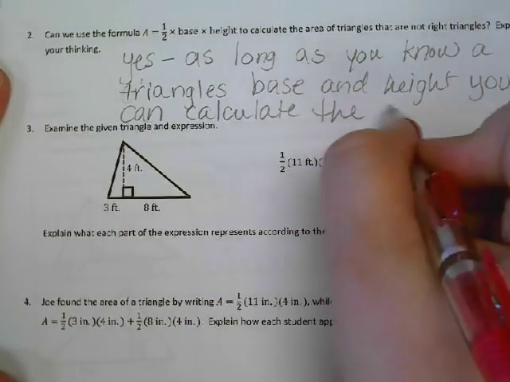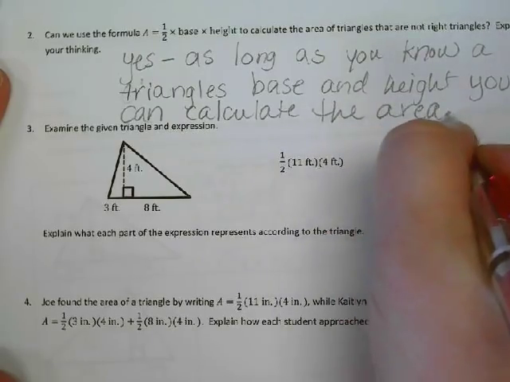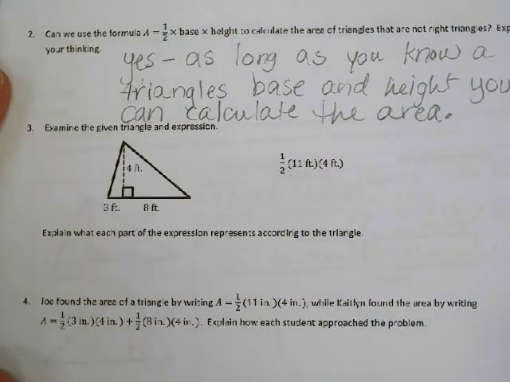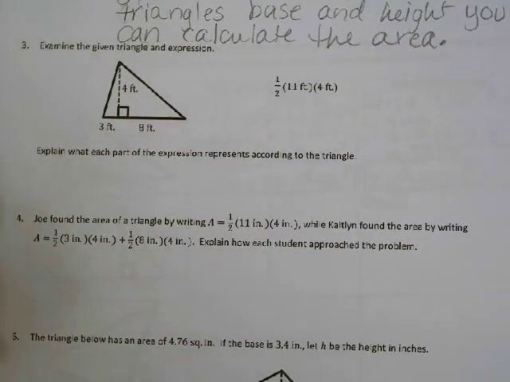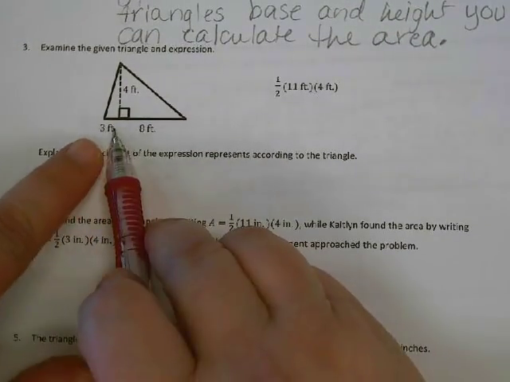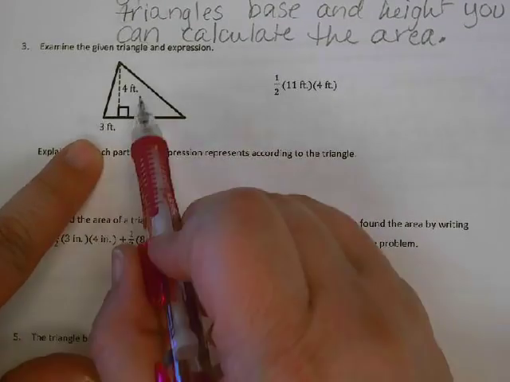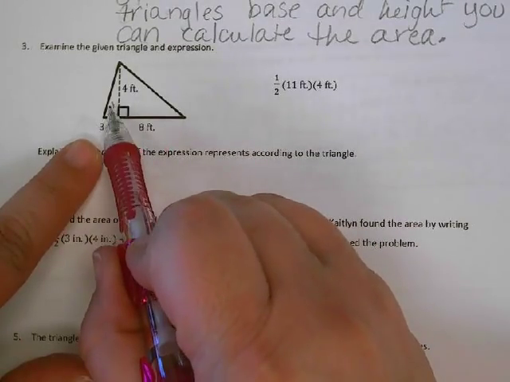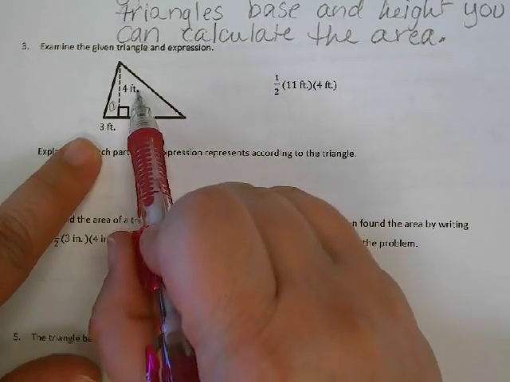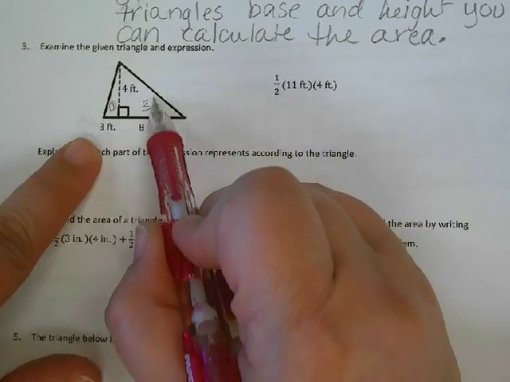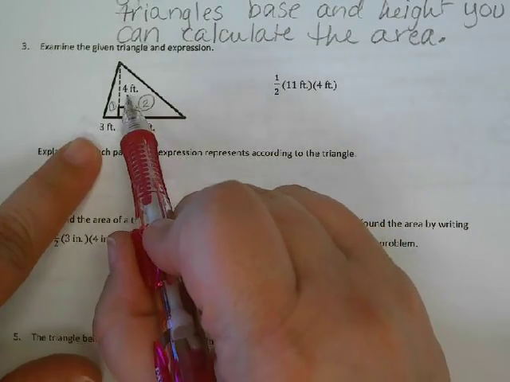For question number 3, it says examine the given triangle and the expression. So here's my triangle. It's made up of 2 separate triangles. So this is my first triangle. My first triangle has a base of 3 and a height of 4. And then my second triangle has a base of 8 and a height of 4.